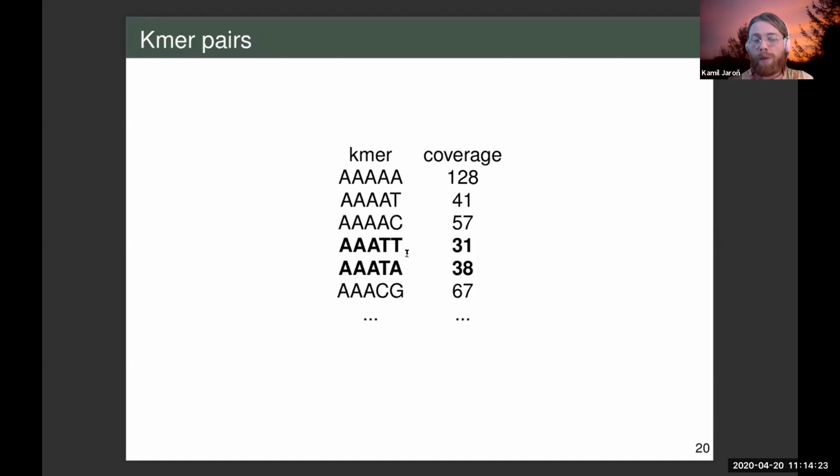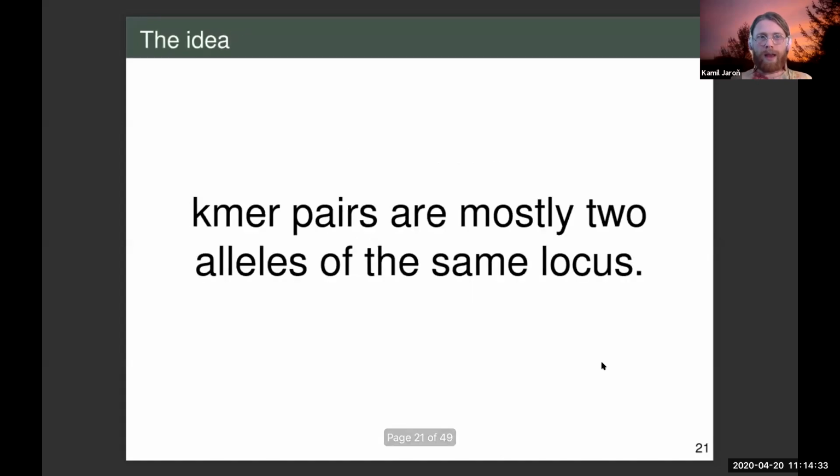While the 4th and 5th Kmer are 1 SNP away and form a unique pair. That's why they would be included, etc. And we hope that these Kmers are mostly representing 2 alleles of the same locus, so the heterozygous Kmers. If you're thinking that does not have to be the case, you're right.